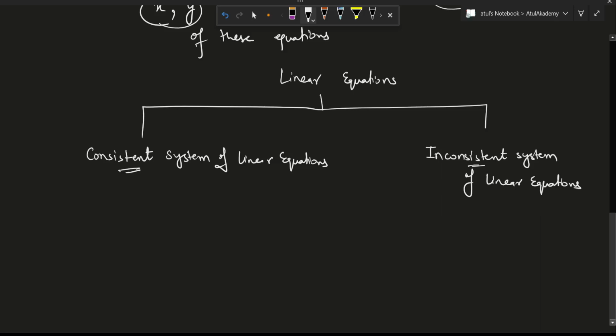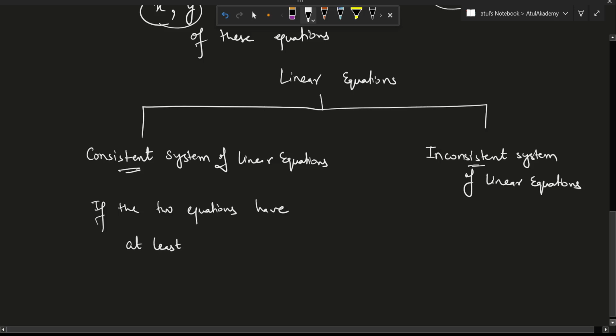If the two equations have at least one solution, meaning they have a pair of values of x and y that satisfy those equations, then they are said to be consistent.